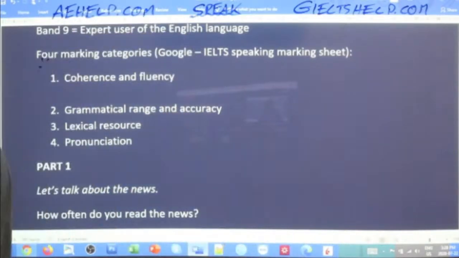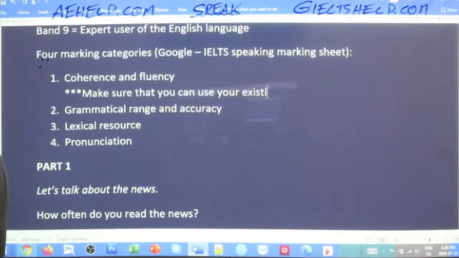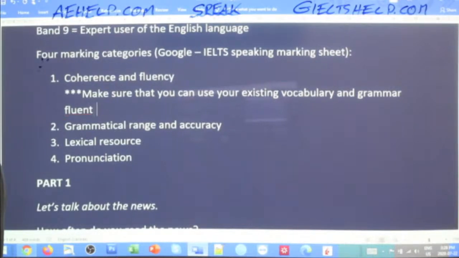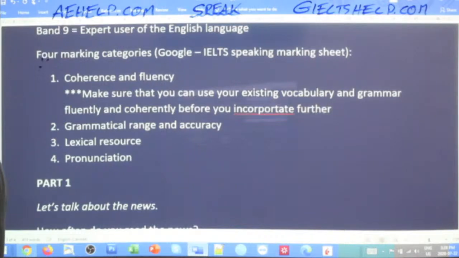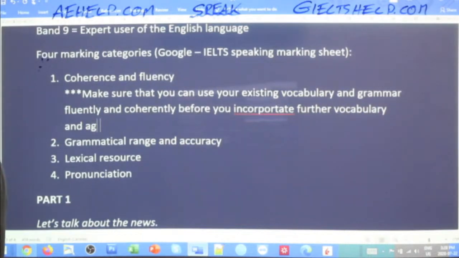So make sure that you can use your existing vocabulary and grammar fluently and coherently before you incorporate further vocabulary and grammar.